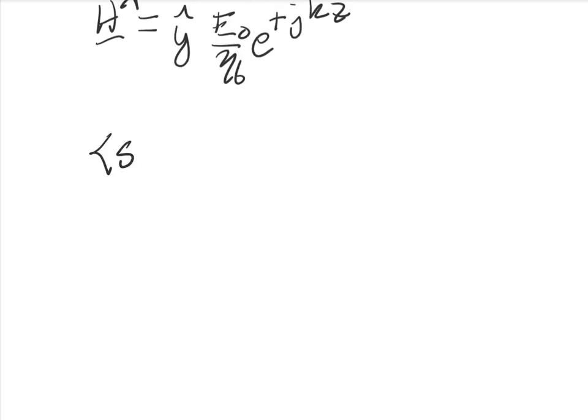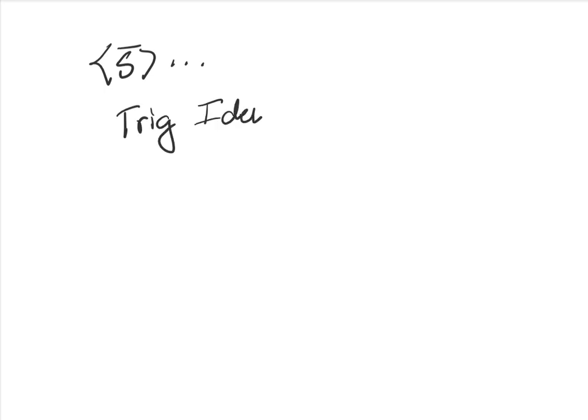Now this brings us to finding the time average Poynting vector. So we can do it the hard way, the way we've talked about before, or we can do it an easy way with phasors. But to understand the easy way, we need to look at a trig identity. We're going to develop it by looking first at two functions.